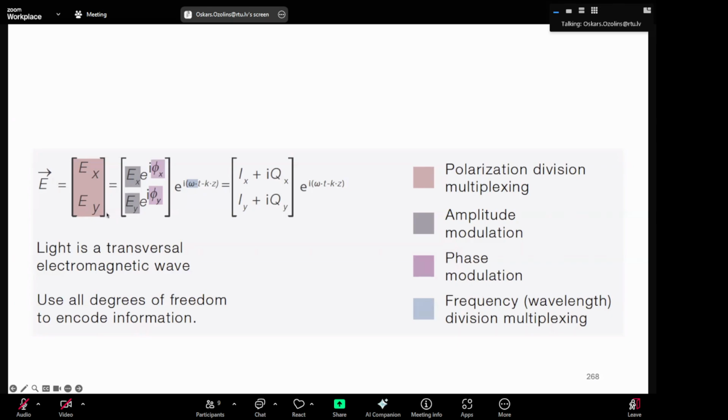We have X polarization, Y polarization, and for each polarization multiplex signal, we have amplitude, we have phase information, and then we have also frequency division multiplexing or wavelength. So multiple channels could be used, or carriers. Also on a single channel, you can use a subcarrier modulation. So yeah, there are different degrees of freedom. So all of these are used to transmit the information.